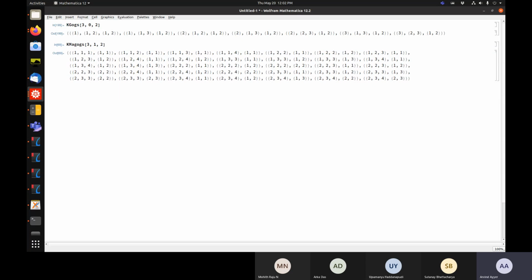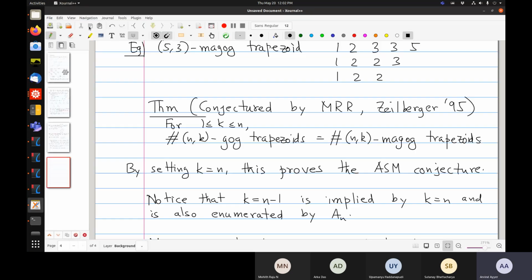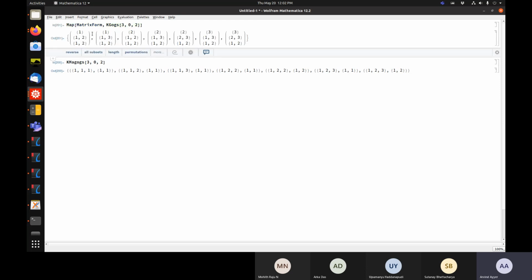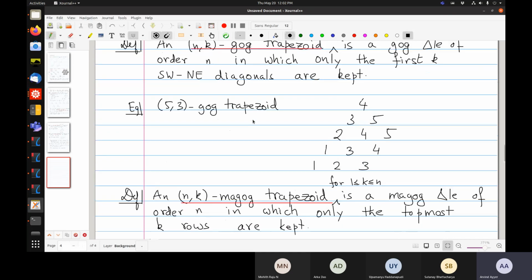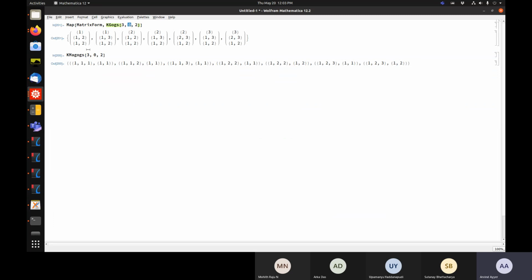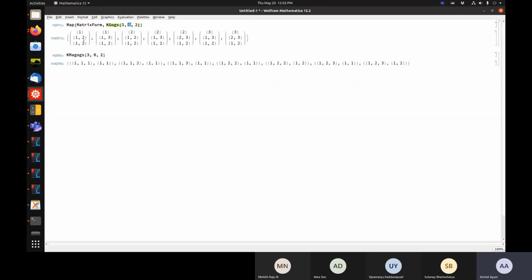I encourage you to program these. So these are the k-gog triangles, exactly the 3-2 gog triangles. Forget this middle parameter for a moment; I'll introduce that shortly. These are exactly these with the 3 loops: 1 1 2 1 2 1.